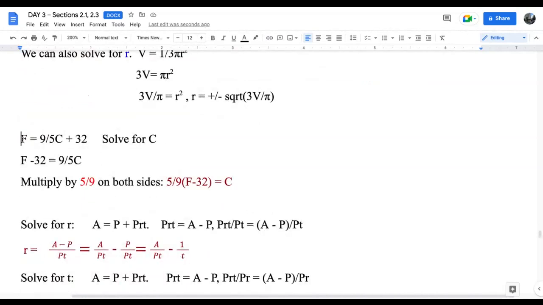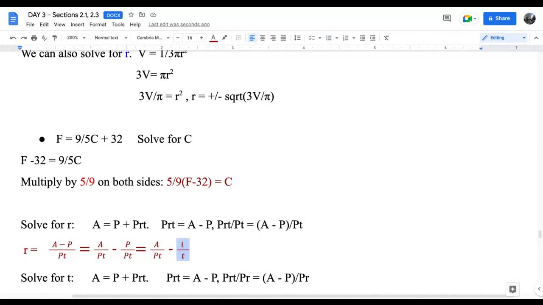Let's see this example. F equals 9 over 5 c plus 32. Let me rewrite those.